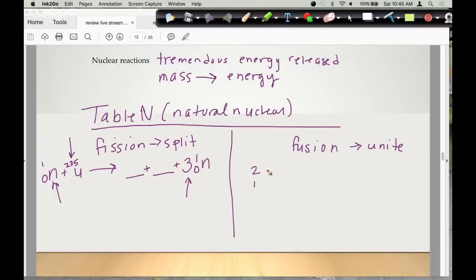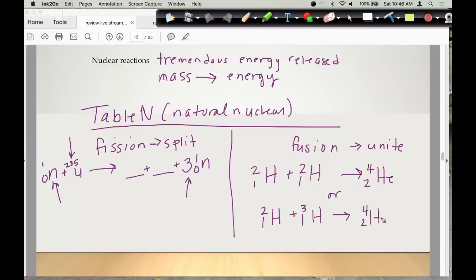Whereas fusion, almost always the way that they show it is either 2,1H over 2,1H makes 4 over 2He, or 2 over 1H, that's deuterium, hydrogen 2, plus 3 over 1H, which is tritium or hydrogen 3, makes this plus another neutron.